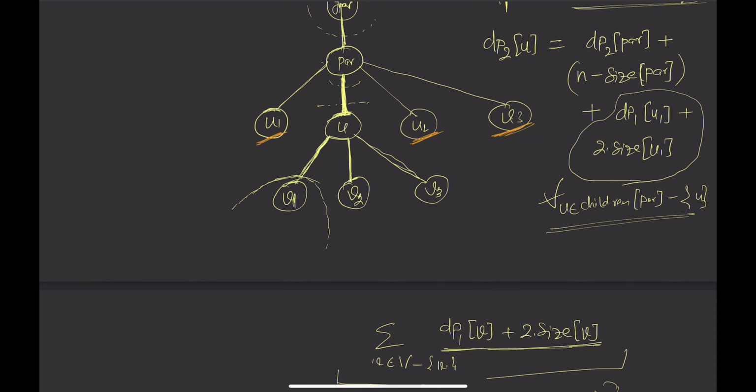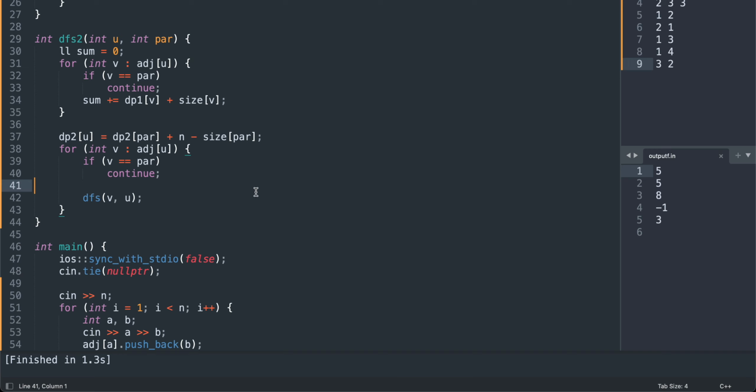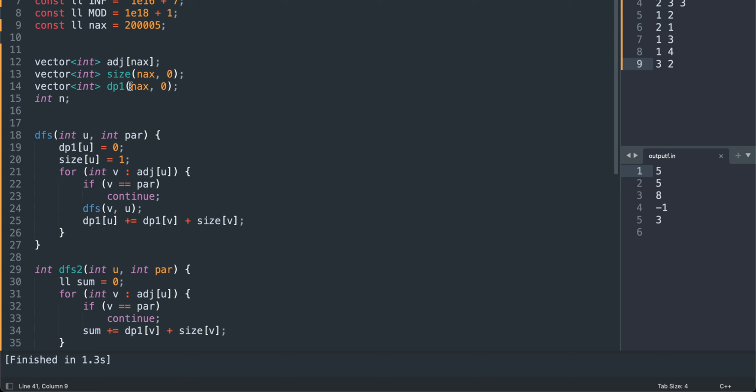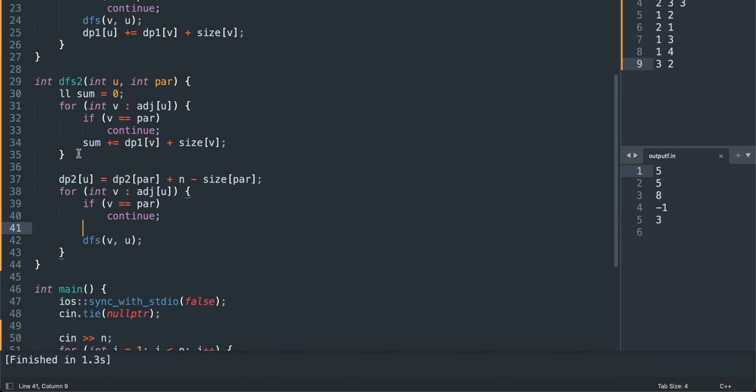If I'm calling my DFS on v, this v1, I already know the answer for dp2 of 1, which is 0, because there is no child. So dp2 of 1 is 0, which is defined.